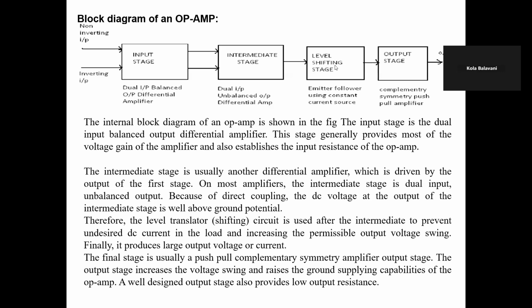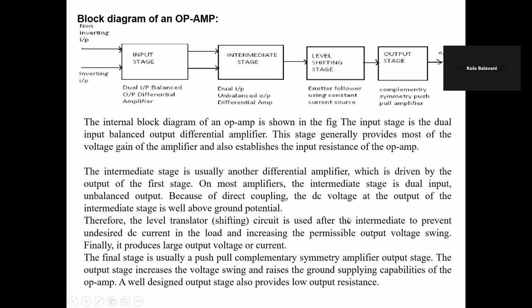And the next stage is the level shifting stage. Already I told you the operational amplifier is a direct coupled high gain differential amplifier. So therefore there is a need for shifting the signals. That's why the third stage is the level translator.